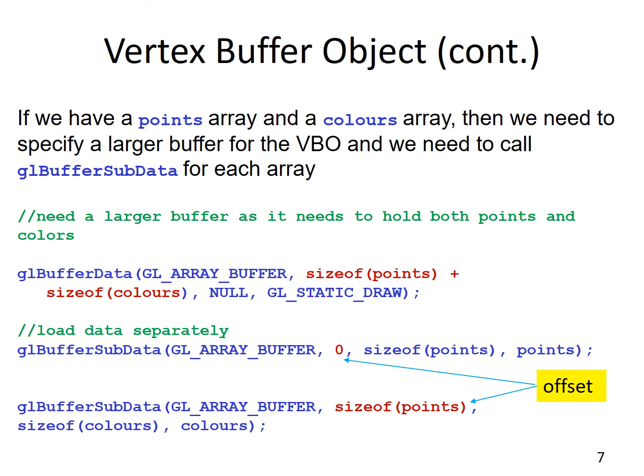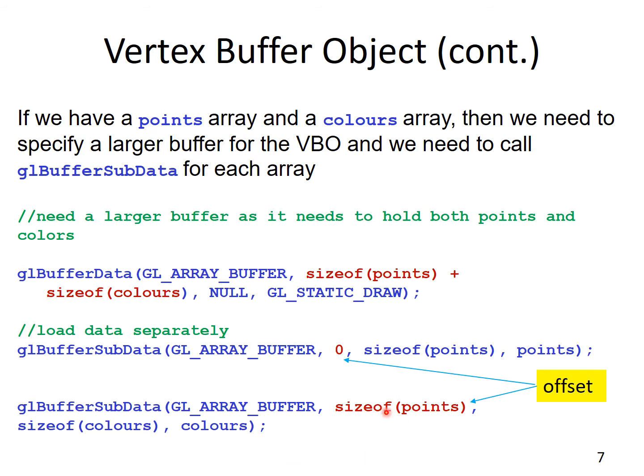Then we load the data separately using the glBufferSubData command. Other arguments are similar to the single buffer case. First we load the points, and then we load the colors. Notice that the size is given here.